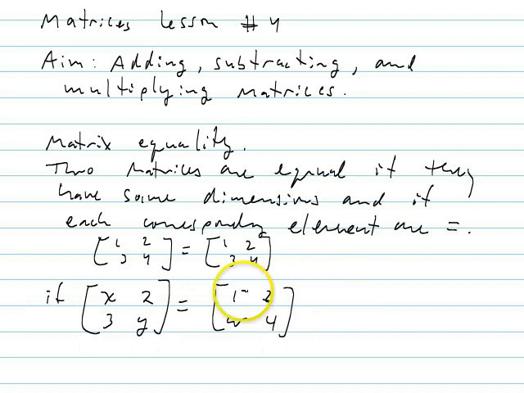In this case, of course, x would have to equal 1, and y would have to equal 4 for these matrices to be equal, and z would have to equal 2, and w would have to equal 3. So that's just a real sort of easy thing that you can do with matrices. When we know two matrices are equal, all their corresponding elements have to be equal too.